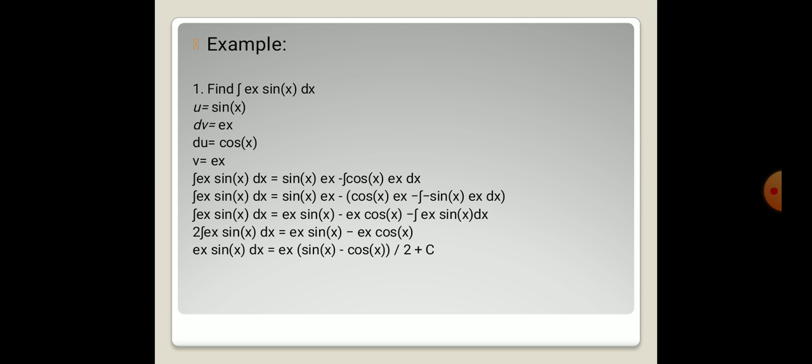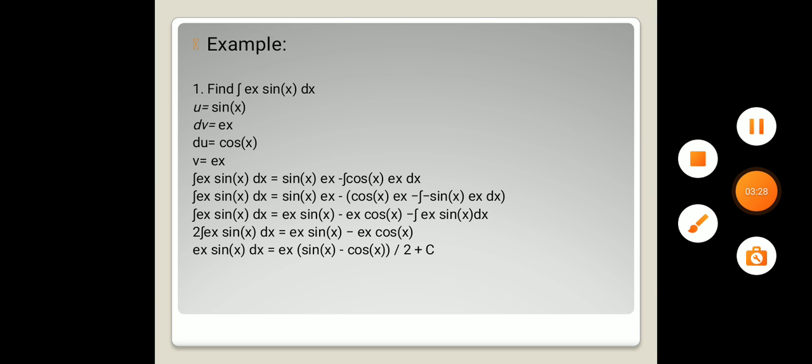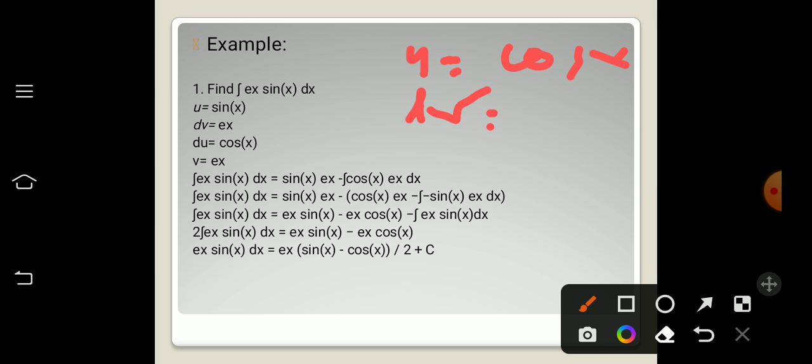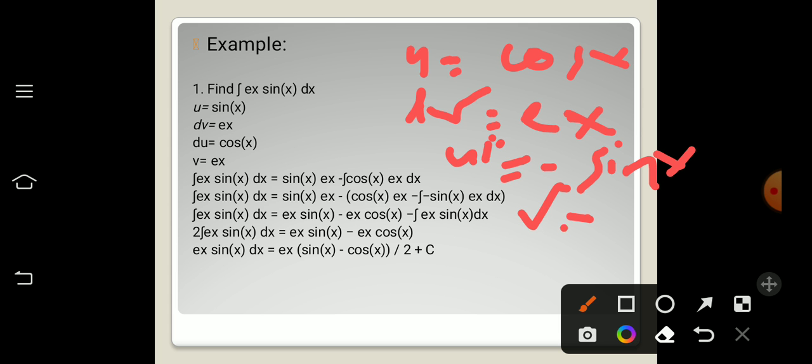So we have u is equal to cos x and dv is equal to e^x dx, and du is equal to negative sine x dx and v is e^x.